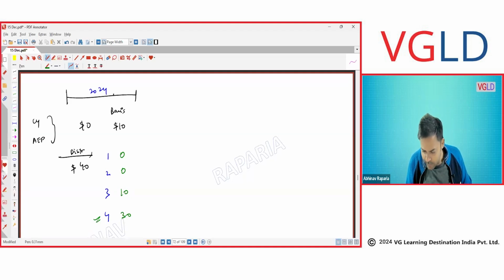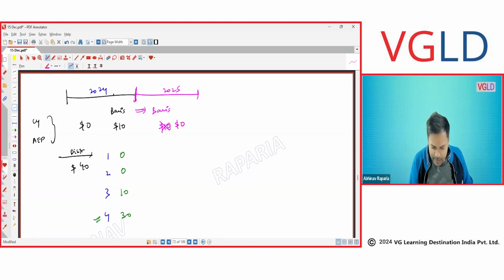Now, everyone, before I start the next year, what is my basis here, guys? Next year, is my basis not 10? No. Once the basis is reduced, it is going to be reduced. Basis is 0. Let's assume next year I'm having the same thing.